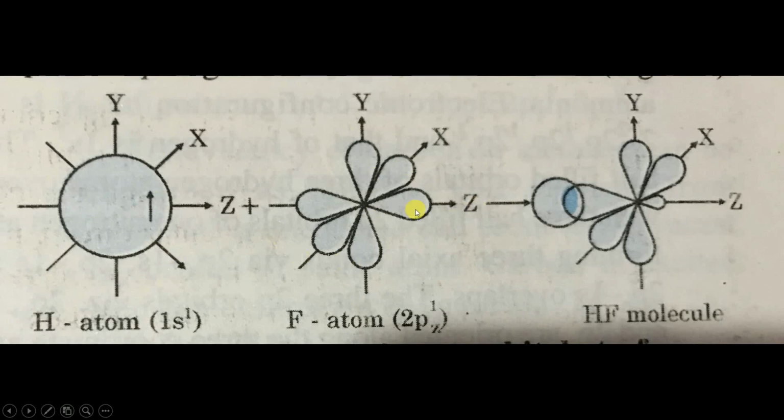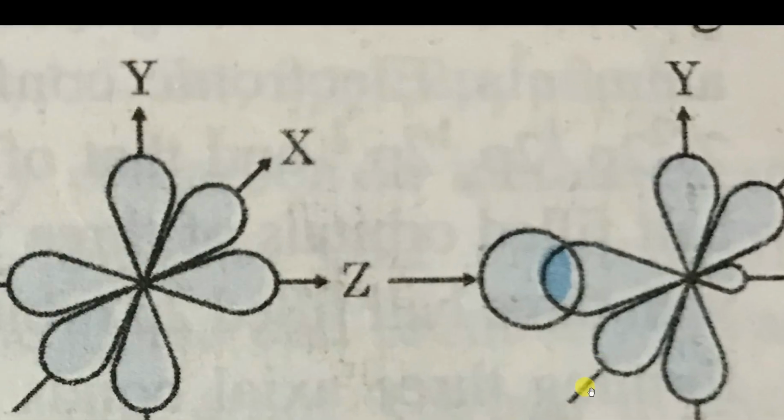As you can see over here, this is a 2py, 2px and 2pz of fluorine atom, and this 1s1 orbital of hydrogen atom, and they both are going to overlap over here. As you can see there is an overlapping that has been taking place, and hence another sigma bond will be formed, another covalent bond will be formed over here.